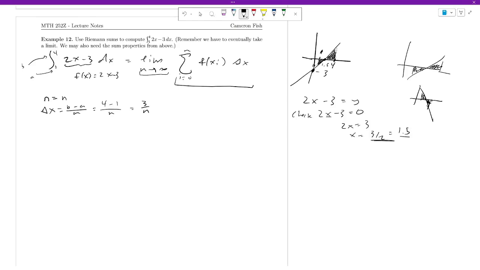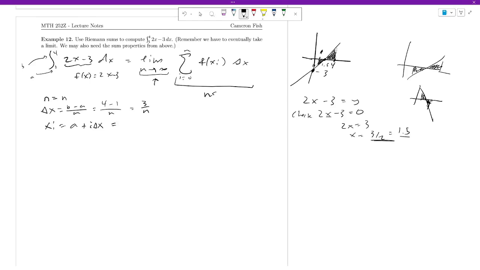We will see that this expression will end up having n's in it, which is fine, because the plan is to take a limit as n goes to infinity. So we want there to still be a variable n in this expression before we take our limit. Okay, what else do we need? We need the xi's, right? xi was always the left endpoint, a, plus i, the number of times I've jumped to the right by a size of delta x, i times delta x.